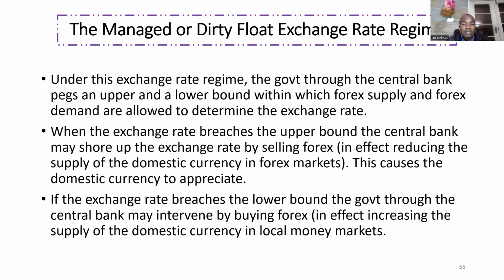where there is an upper and a lower bound or limit within the foreign exchange market. The exchange rate is not allowed to breach the floor or to overshoot the ceiling. So the government intervenes when the exchange rate depreciates to such a low level that it's experiencing exchange rate overshooting.